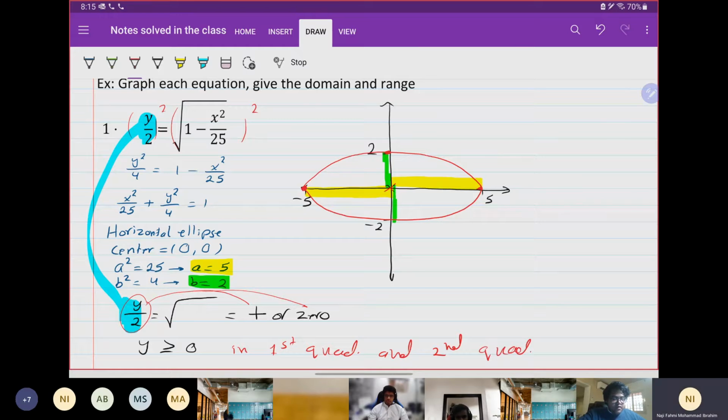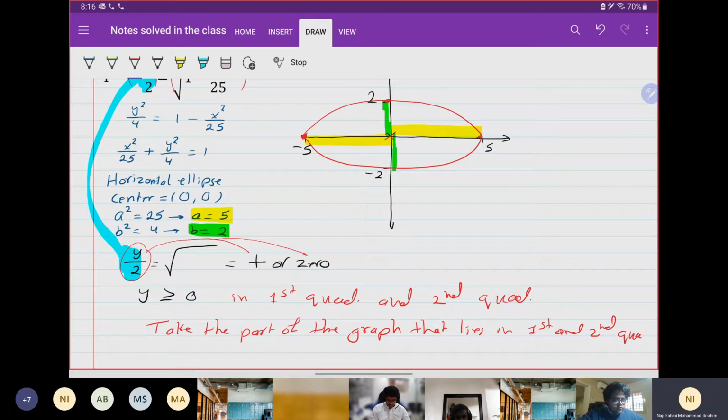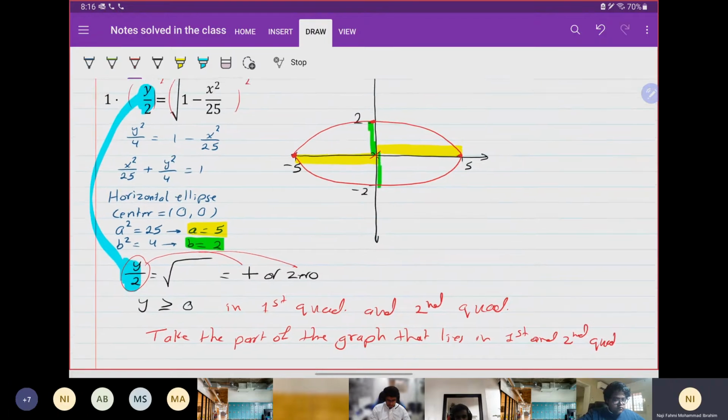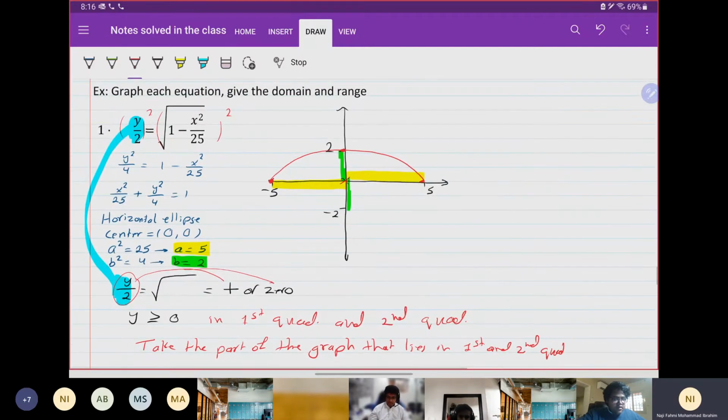I just need to take the part of the graph that lies in the first and second quadrants. So what should I do with the part which is in the third and fourth quadrants? I have to remove it. So from the remaining graph, what's the domain of the remaining graph?